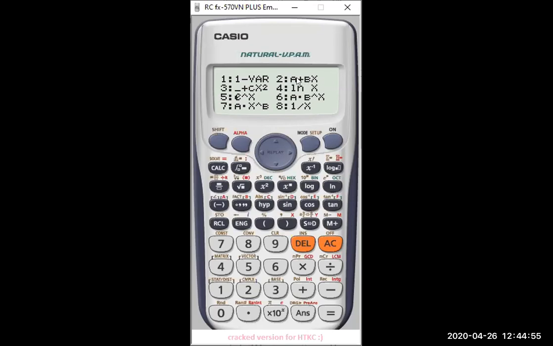This is the same as the regression equation that we have constructed earlier. Okay, now students, I'm choosing 2. As I choose 2, there are two columns, one for x and another for y.